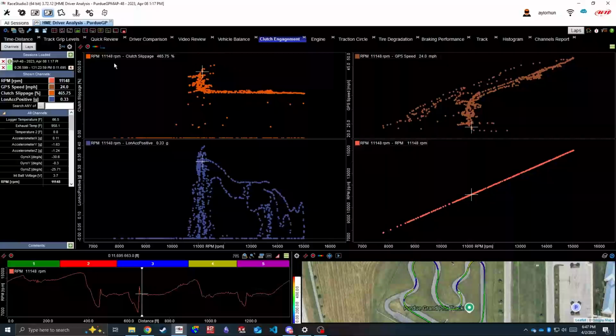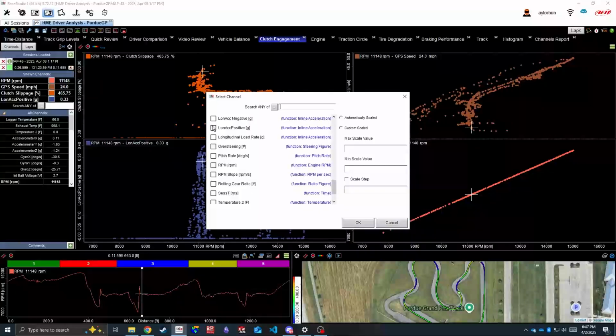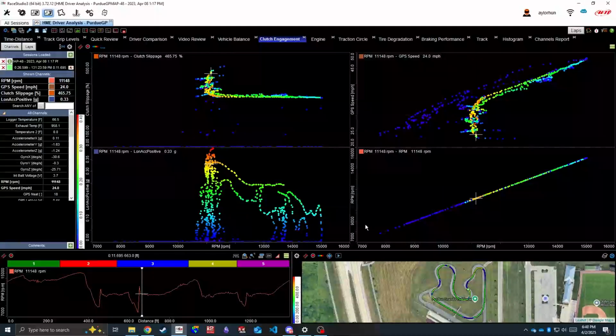We can do this by coming up to the color channels icon and choosing a color channel. In this case, I'm going to select the longitudinal acceleration positive channel. What this is going to do is simply color each individual data point proportionally according to the observed longitudinal acceleration value at that corresponding point, with red being a higher value of longitudinal acceleration and blue being a lower value.